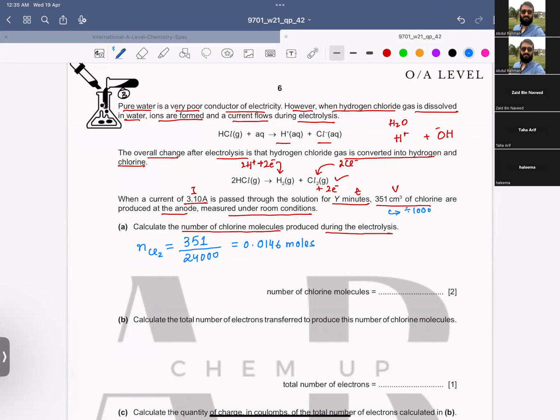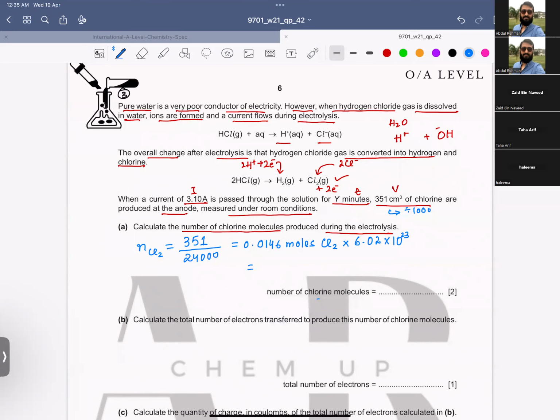Now we have to find the number of chlorine molecules. These are the moles of chlorine. So if I multiply this with Avogadro's constant, that is 6.02 exponent 23, I would get the number of molecules.